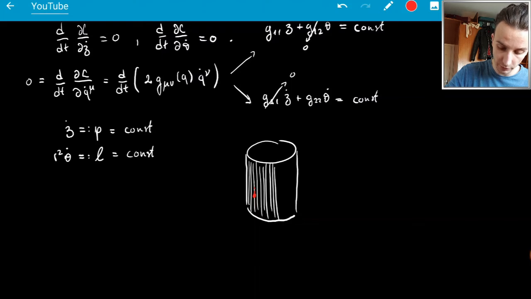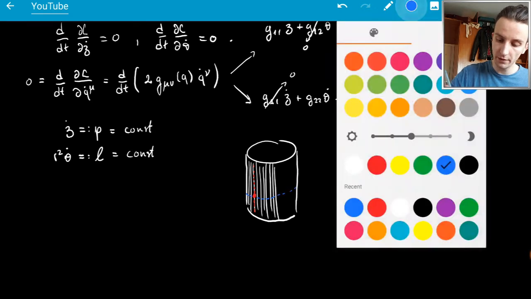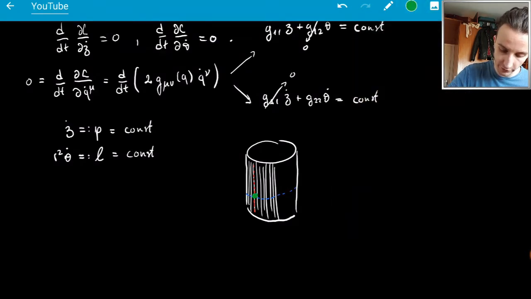It wants to move upwards or downwards depending on the sign of p, of the initial momentum. And it wants to move sideways in theta depending on the initial angular velocity. So maybe I'll do that in blue. It wants to move like that. And so the actual trajectory, okay, I'll do it green. The actual trajectory looks something like that.